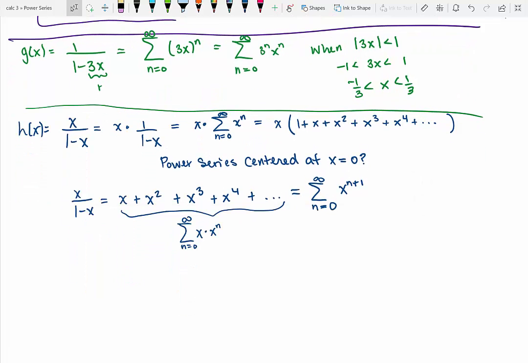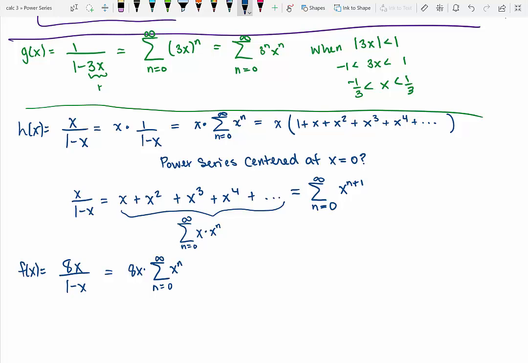If instead I wanted to find the function f of x equals 8x over 1 minus x, and I wanted to write that as a power series centered at 0, at least on the interval of convergence, then I view this as being 8x times that series I had before.